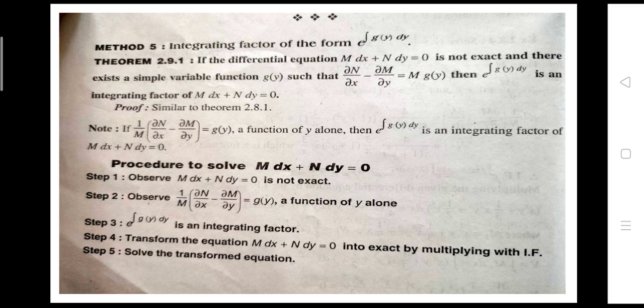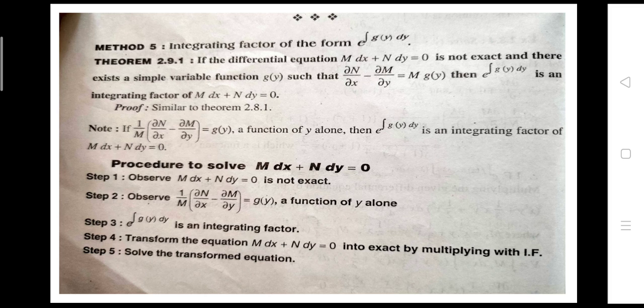Step 1. Observe m dx plus n dy is equal to 0 is not exact. Step 2. Observe 1 by m into dou n by dou x minus dou m by dou y is equal to g of y, a function of y alone. Step 3.